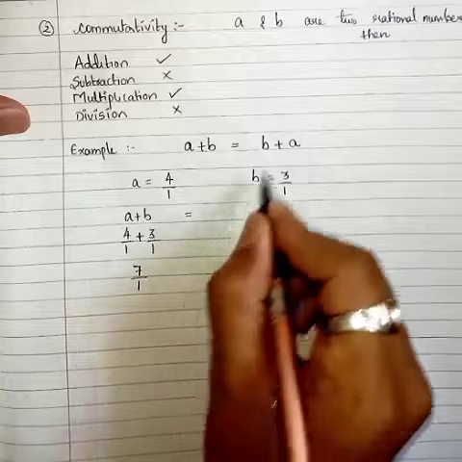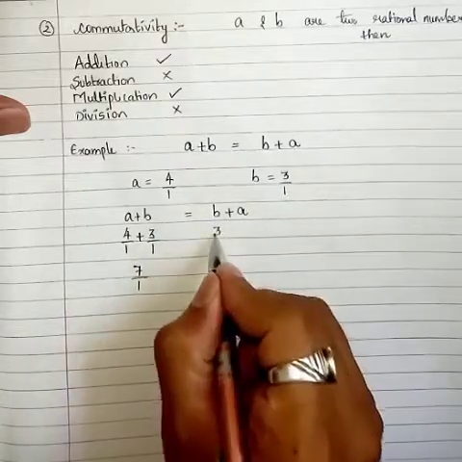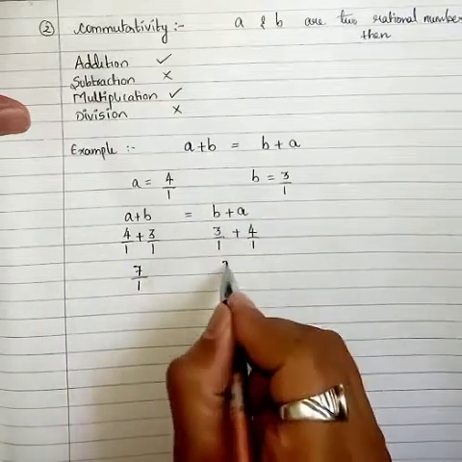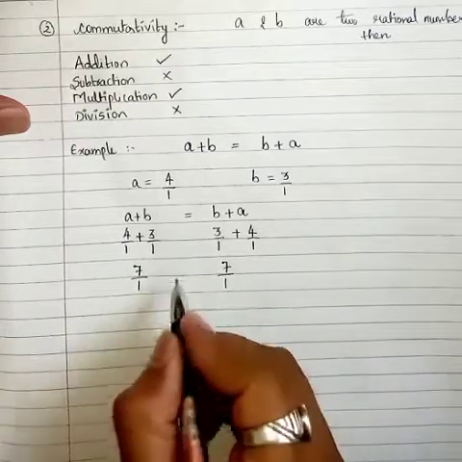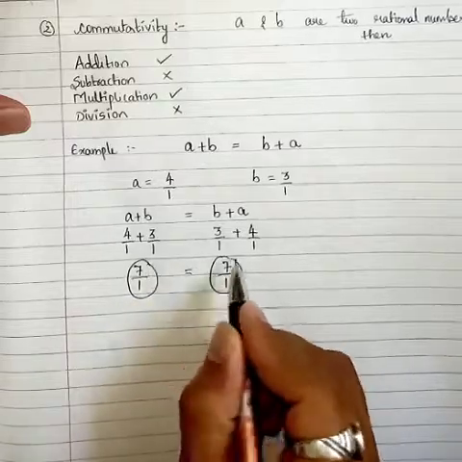Now I will find B plus A. B value is 3 by 1, A value is 4 by 1. So 3 plus 4 is 7 and denominator 1. Clear? So I find that both results are the same.